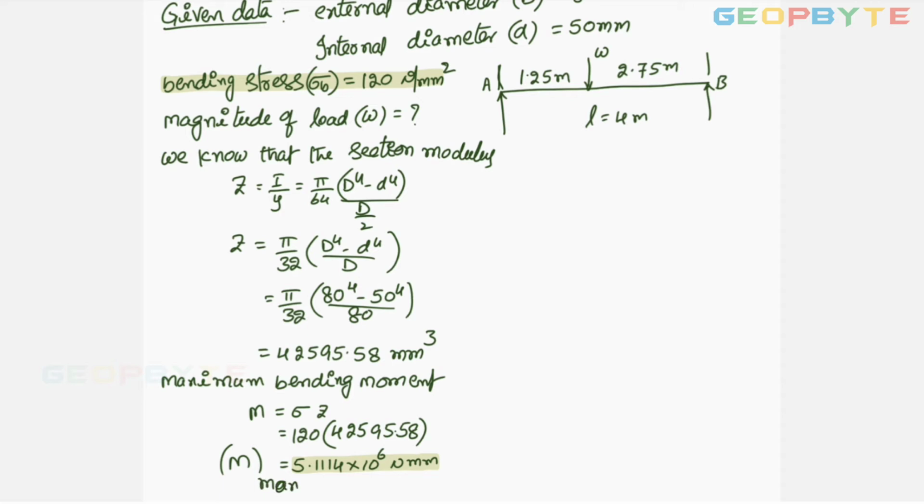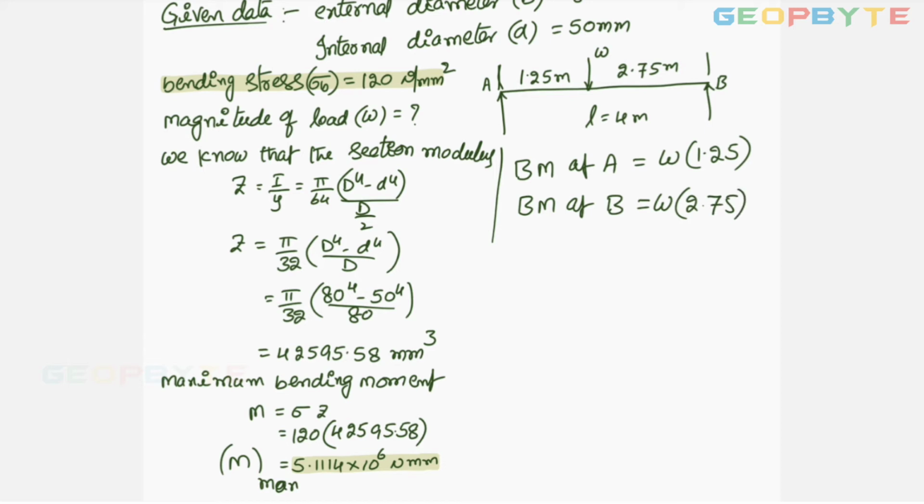Now for the given beam, first you have to decide where you are getting the maximum bending moment. Bending moment at A equals load into distance, W into 1.25. Bending moment at B equals W into 2.75.